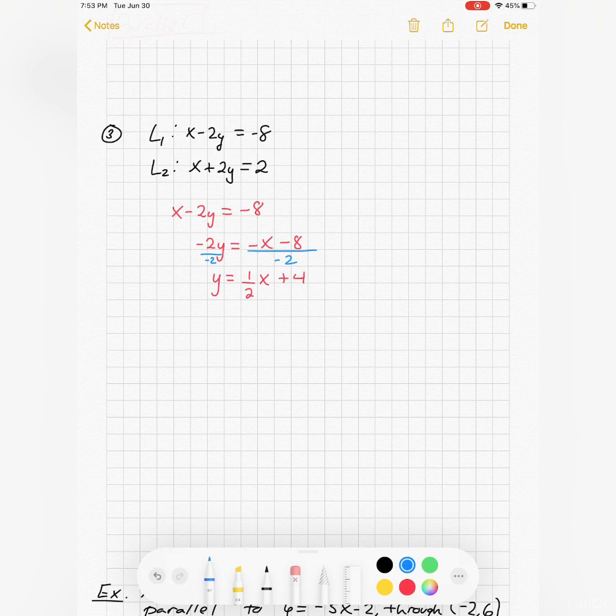Let's look at line 2. Divide by 2. So -1/2 x plus 1.